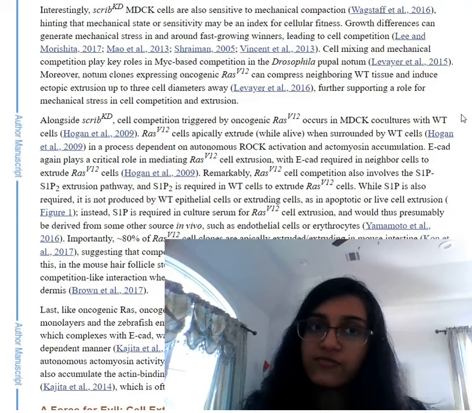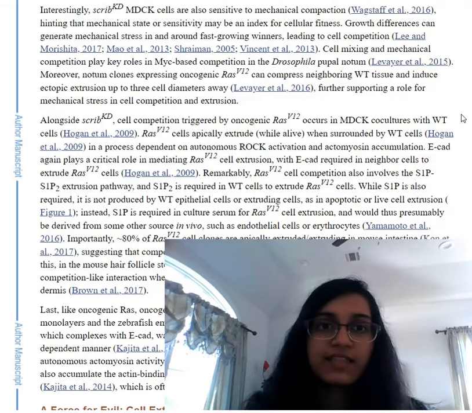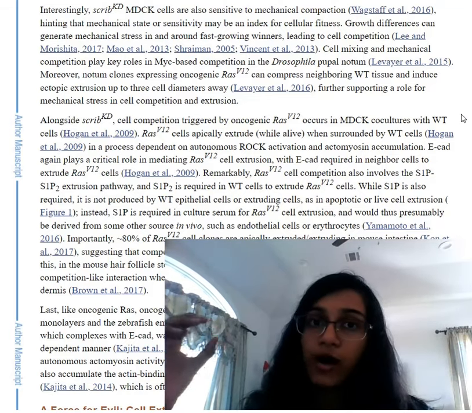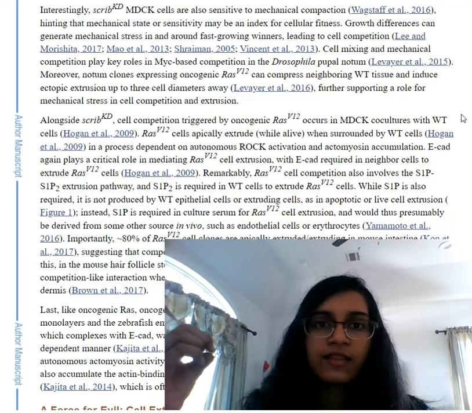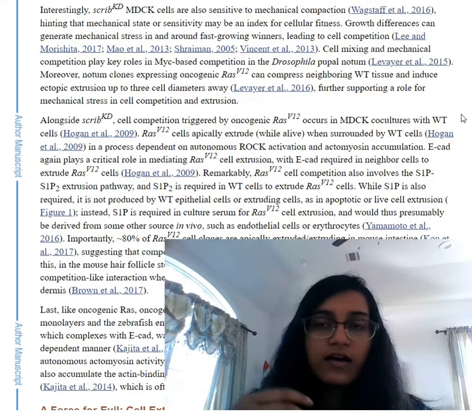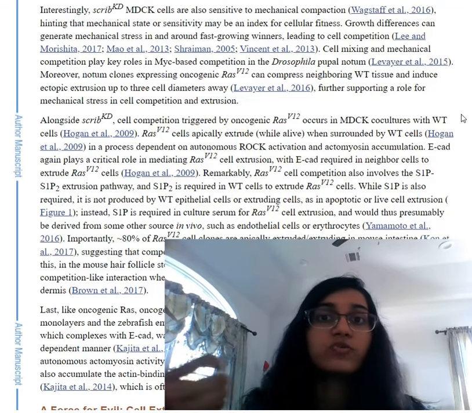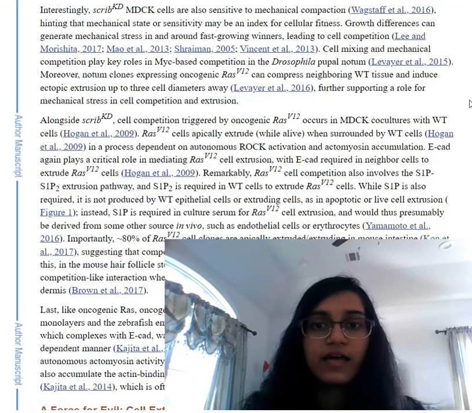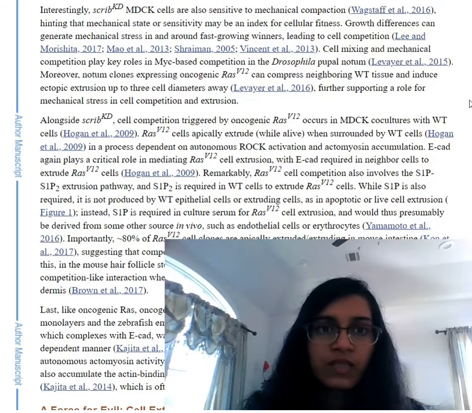And the gist of this paragraph is essentially that, again, like what was seen in the Drosophila experiments, squib MDCK cells were also sensitive to mechanical compaction. Essentially, if there was a lot of overcrowding in a specific area, then cell extrusion was able to respond to that and extrude cells that might cause this overcrowding and were, for example, maybe causing a tumor.